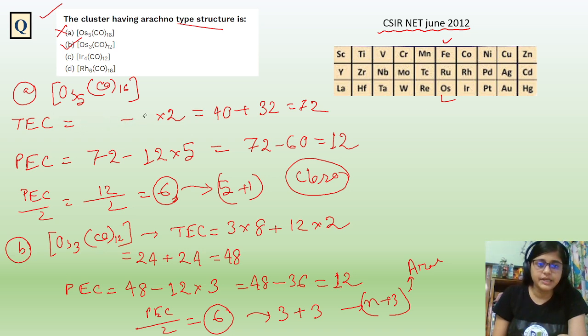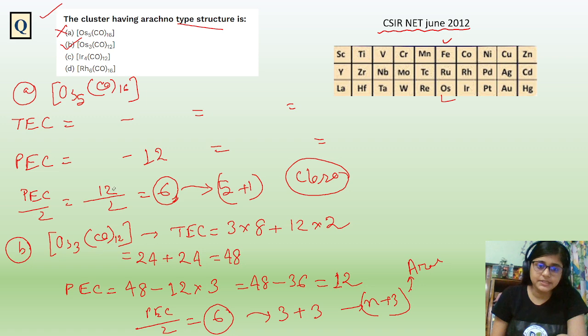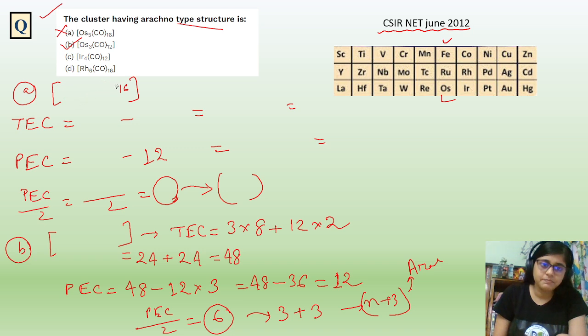So this all will be different. This will be also different, this will be different, this will be different. Fine. TEC, 12 into n, this is also different. Okay. PEC by 2, this will be different, these all are different now. Okay. And that's for the second case also. Okay.